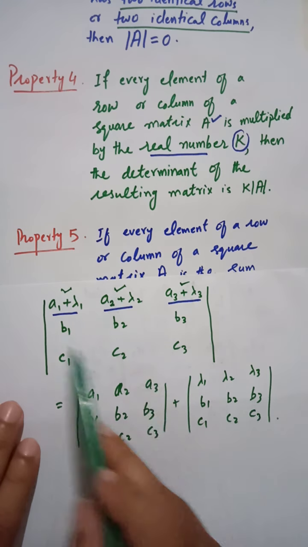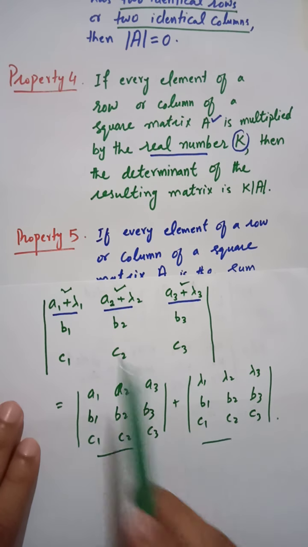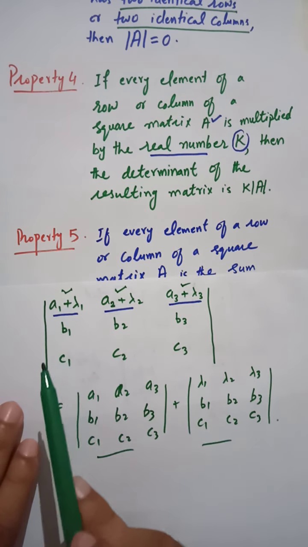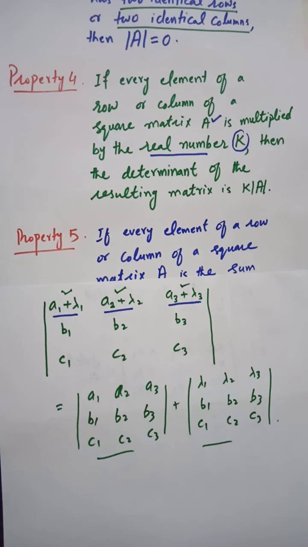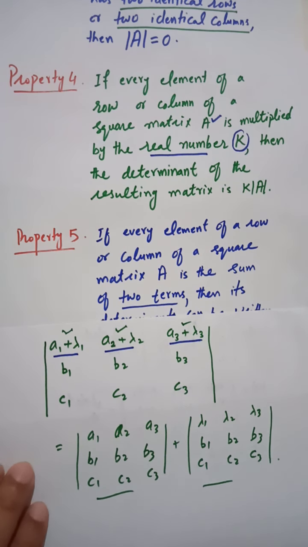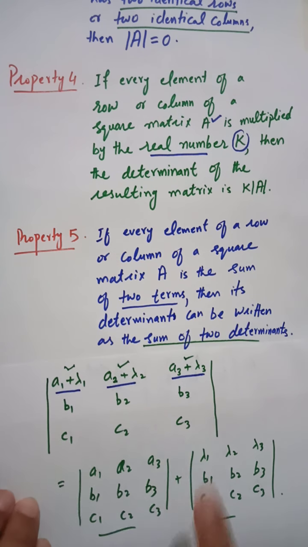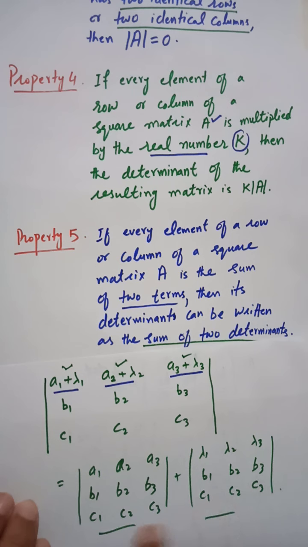So you see that this single determinant is converted into 2 determinants because the elements of the first row are written in the form of the sum of 2 numbers. So when every element of a row or column of a square matrix is the sum of 2 terms, then that determinant can be written in the form of 2 determinants.